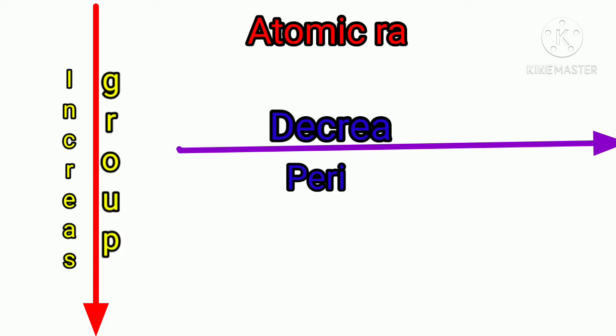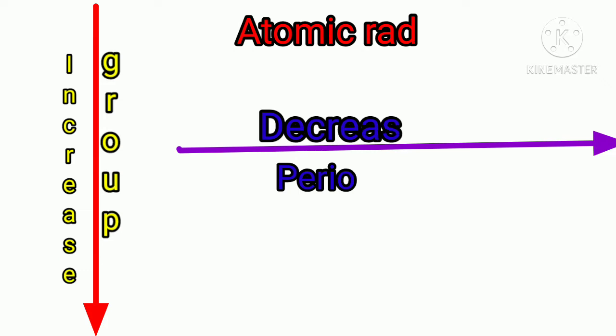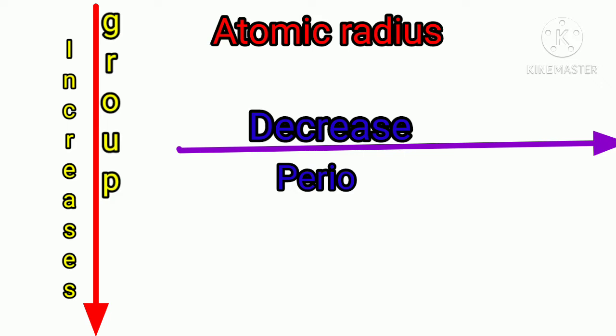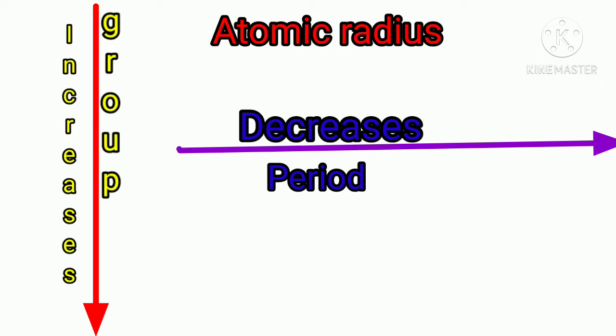That is period, and atomic radius decreases period wise. So the red arrow is the group, top to bottom, and the violet arrow is the period, left to right. Atomic radius increases group wise and decreases period wise.